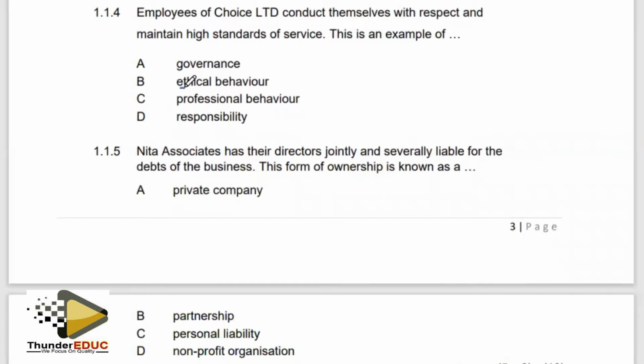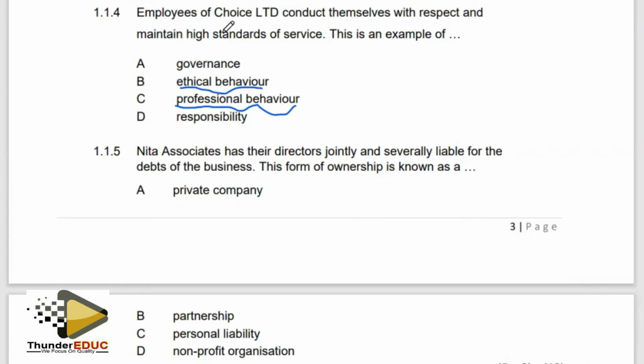We look at this. It is unethical behavior. Let's look at this. Then there is what we call professional behavior. These are the two more appropriate answers. Let's find out why we are choosing these ones, and then we see what exactly is most appropriate.